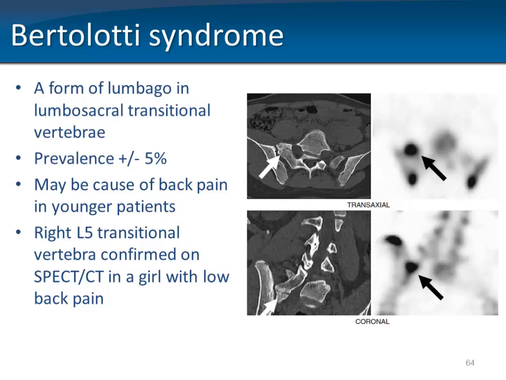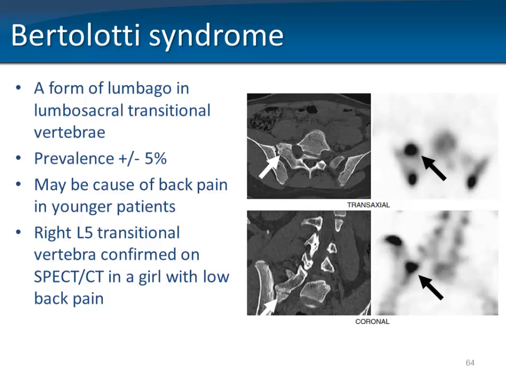Okay, some anatomical variants that may be causing some issues. First of all, Bertolotti's syndrome. It can be a cause of pain. It's a form of lumbago in the lumbosacral transitional vertebra, and this is common. You see it in 5% of patients, but it can be a cause of back pain in younger patients, and you can really assess it very nicely with SPECT-CT.